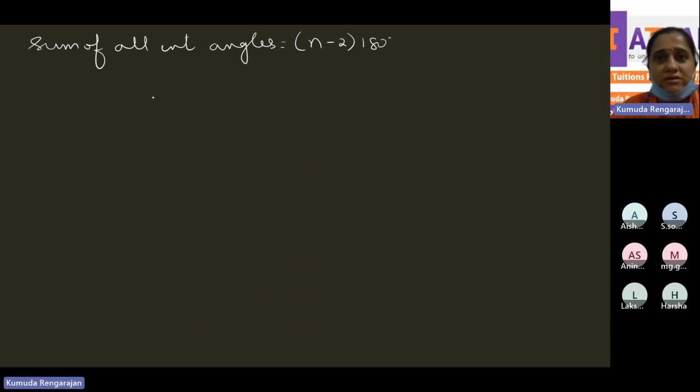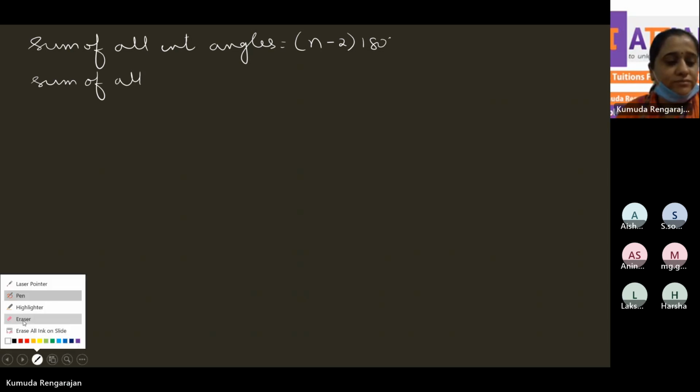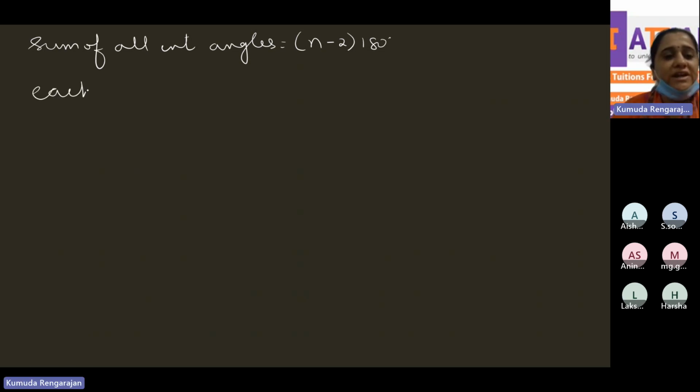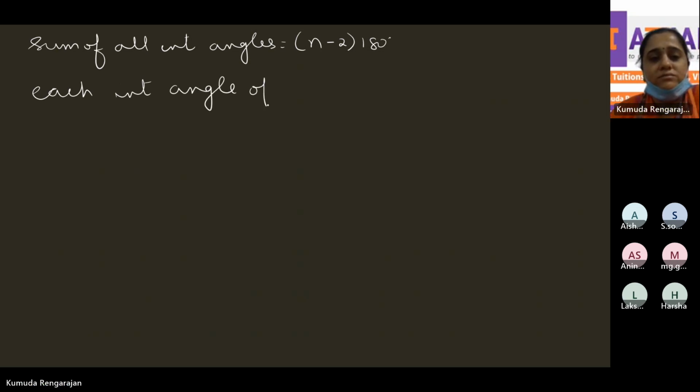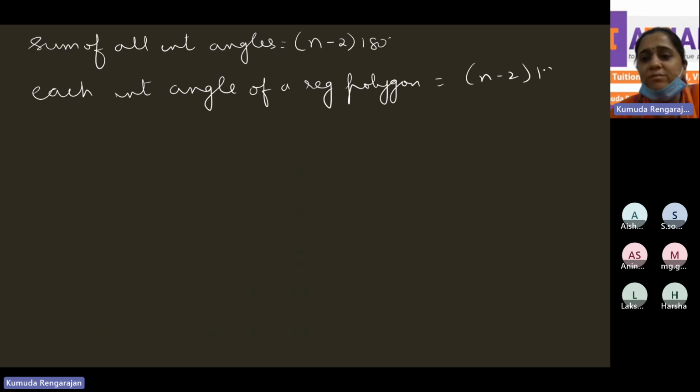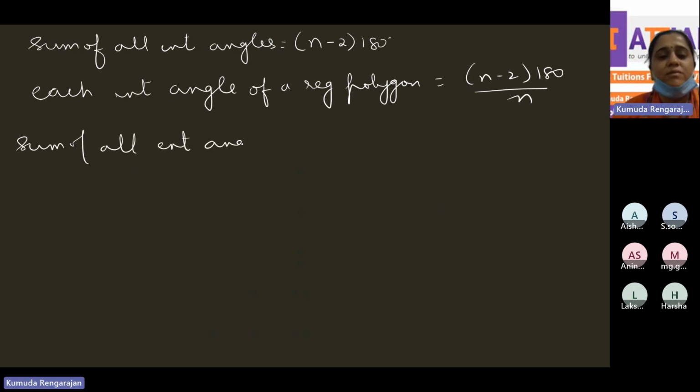If it's a regular polygon, each interior angle will be n minus 2 into 180 by n. Sum of all exterior angles is equal to 360 degrees in any polygon.